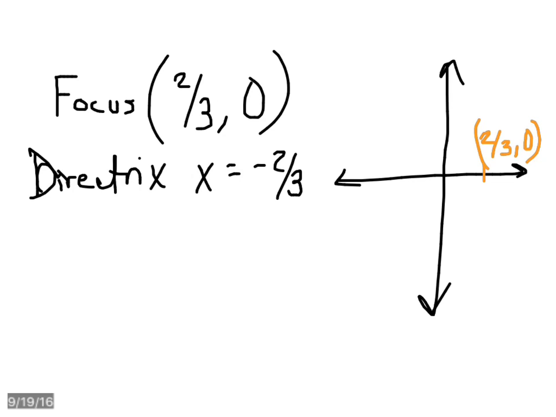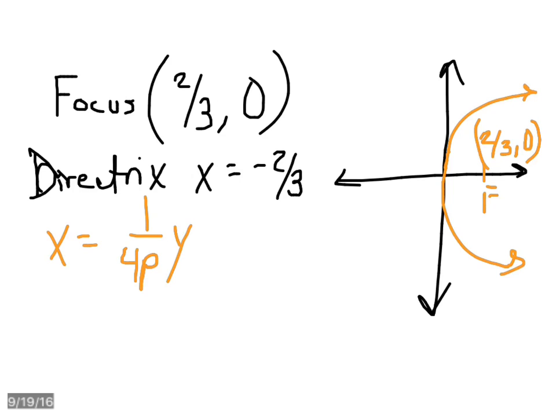That's what we're doing. So 2/3 to the right means if that's where my focus is going, that means the parabola should open to the right. That's how that graph should be. Now, again, I don't have to graph it. I'm just using that as a visual for this one. So since it opens to the right, here's what we have to use: x equals 1/(4p) y squared. Now notice the one thing I didn't do.